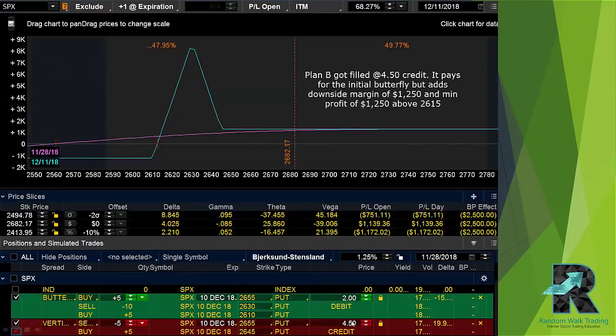This is, I think, our plan B scenario. Plan A would be our 5-point vertical. But we got filled, $4.50 credit, pays for the initial butterfly, which is what we want to do. Adds a little bit of downside margin, but we've locked in some profit, and then we got a lottery ticket essentially here between now and December 10th.